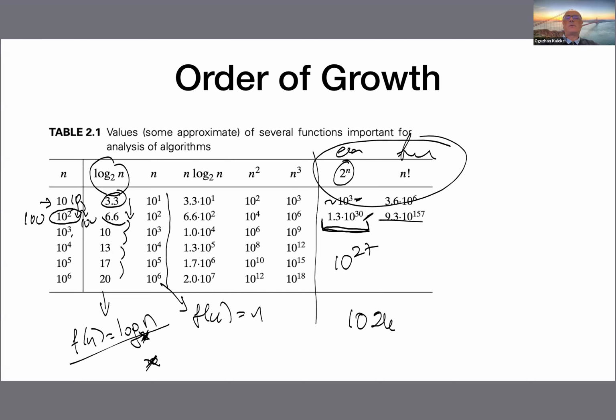Log n, not very much, right? n is a linear growth. n log n is a little bit more than n, but less than n squared. When it becomes n squared and n cubed, these are the polynomials where we start to feel the pressure, but when it becomes exponential and factorial, it's really huge. This will be more meaningful with the next video when we visit the asymptotic notation.